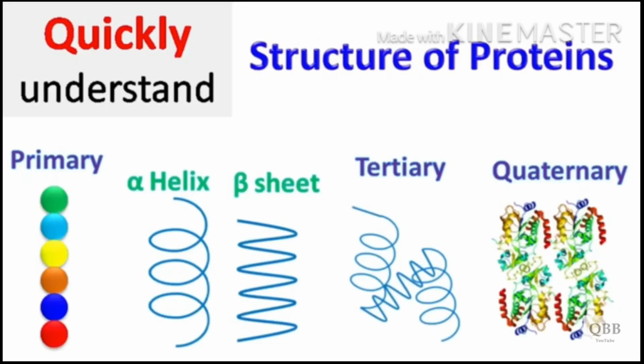Protein. Proteins are formed from amino acids, large complex molecules that play many critical roles in the body, found in a variety of foods. We are making proteins all the time, also known as protein synthesis. The structures of protein are primary, secondary, tertiary, and quaternary.